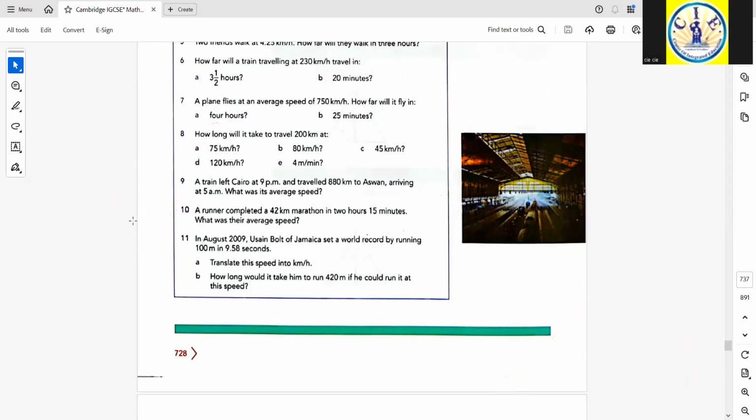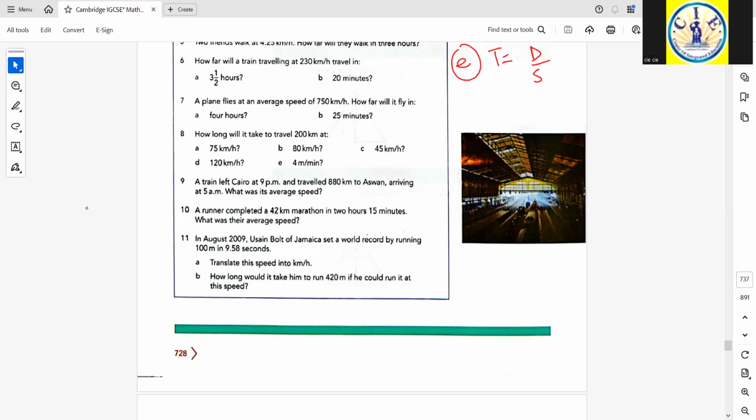In the same way, we can do part C, part D. For part E, let's solve it like distance divided by speed will give us the time.